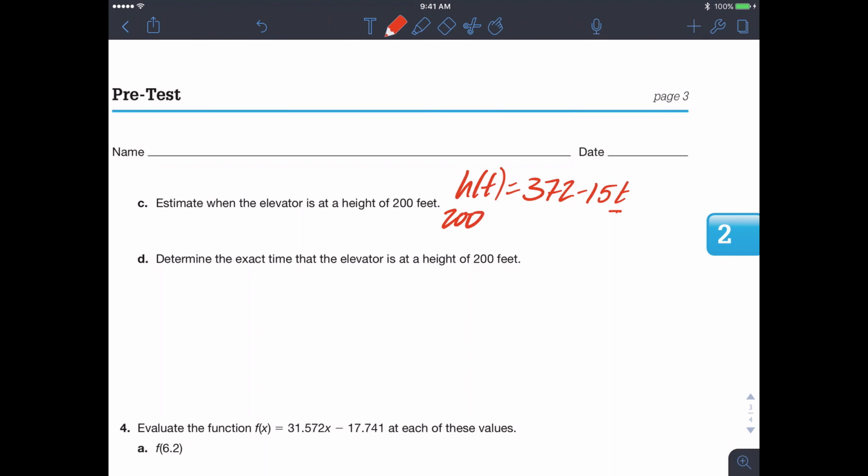200 equals 372 minus 15t. Now we're going to solve for t, because if we solve for t when h of t is 200, then that'll tell us exactly at what time will it be 200 feet. So let's subtract 372 to both sides.